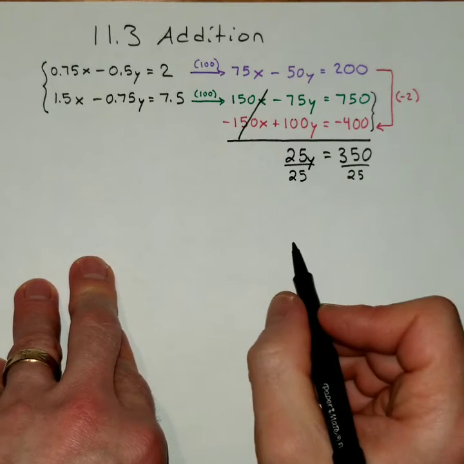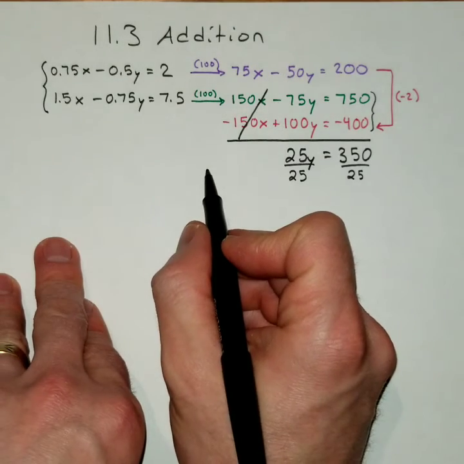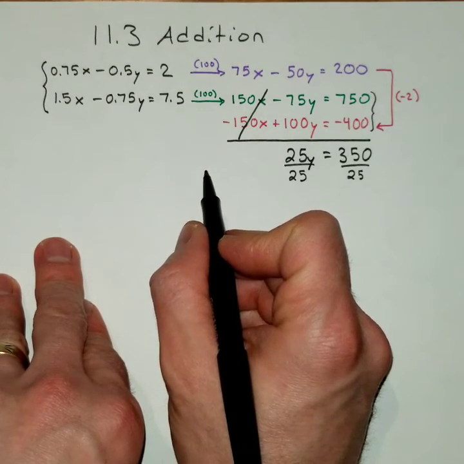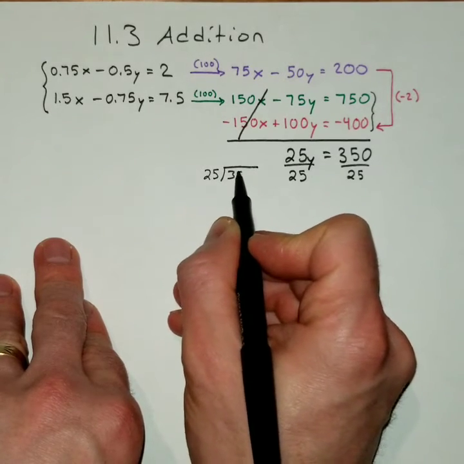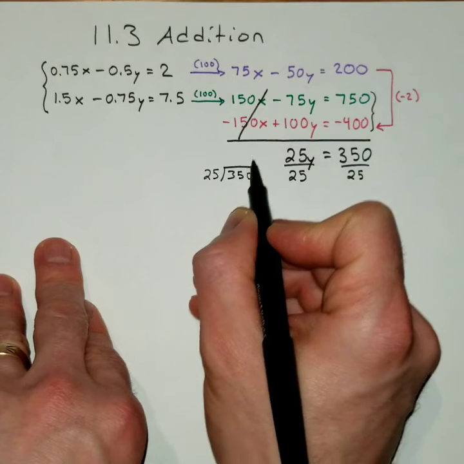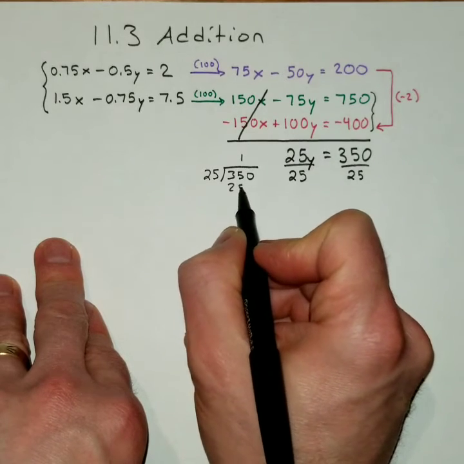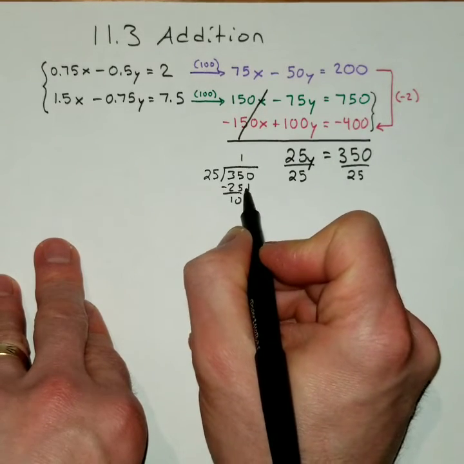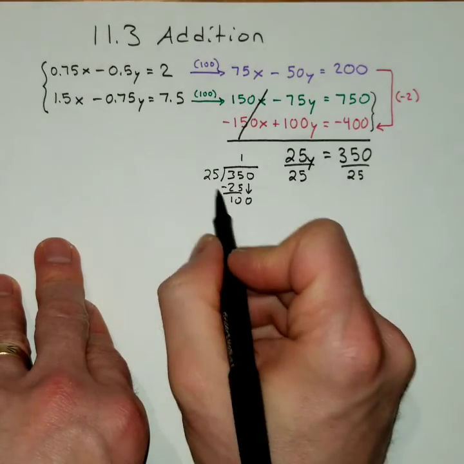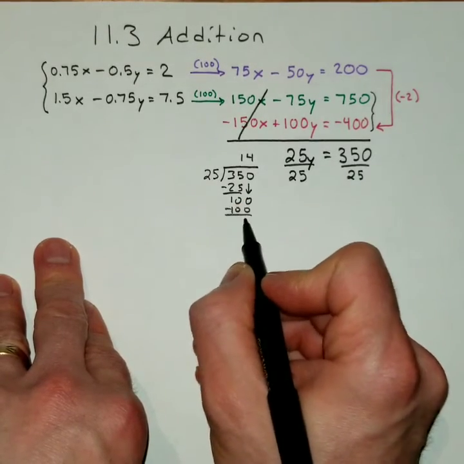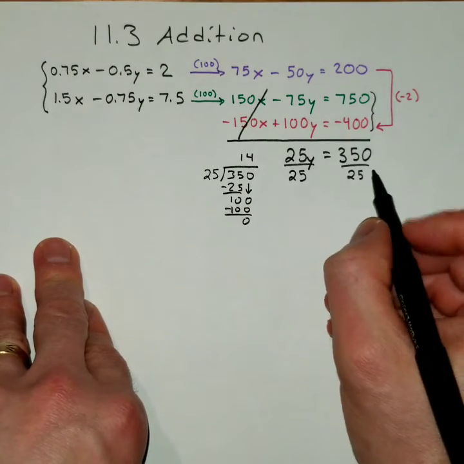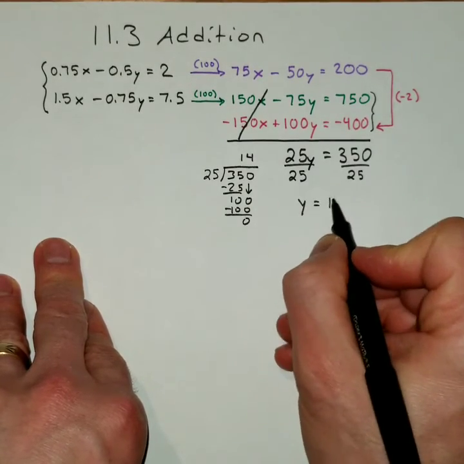And this one we're going to need a little long division, I think, will help out with this. 25 into 350 should go evenly. 25 goes into 35 once. The remainder 10, bring down the 0. 25 goes into 100 4 times, and that has a remainder of 0. So 14 is my answer. Y equals 14.